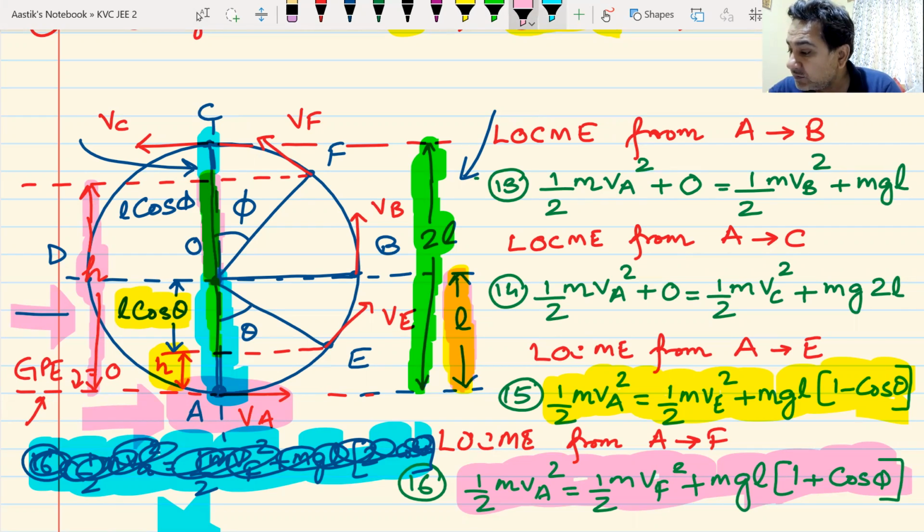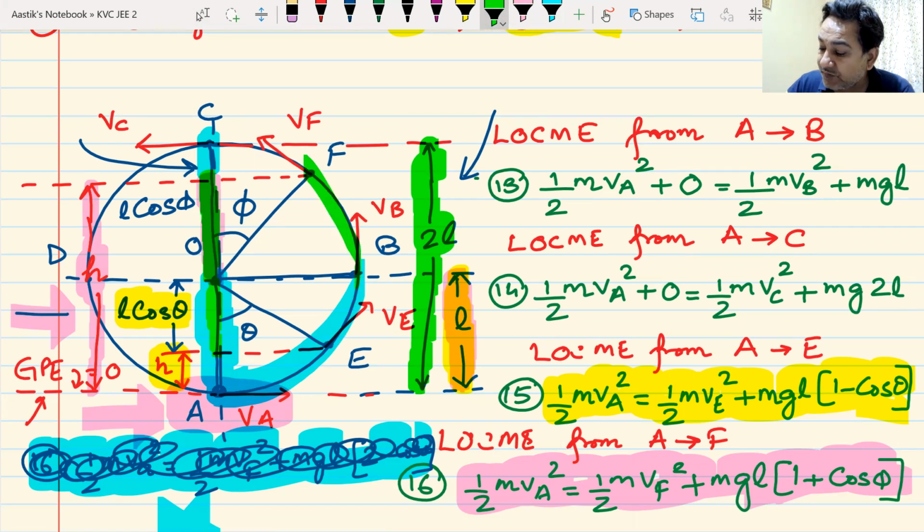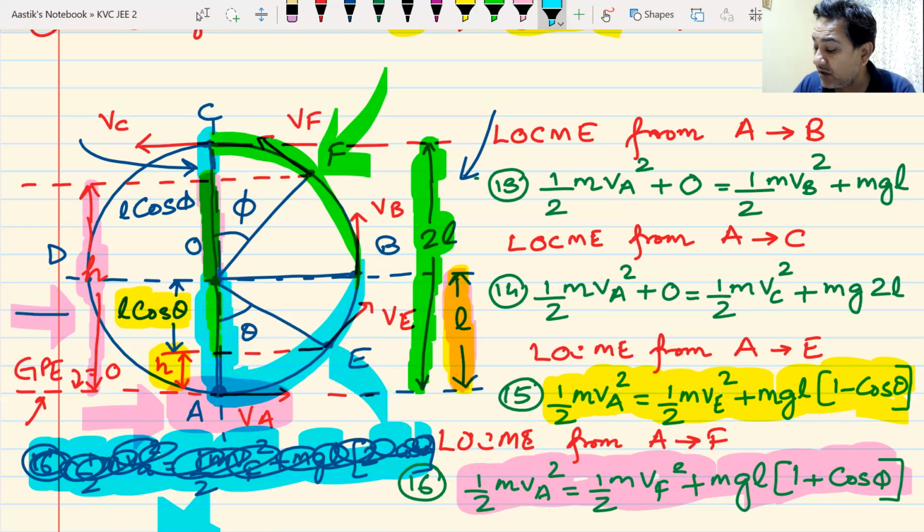We have a blue region, which extends from A to B, and a green region which extends from B to C. So there are 2 regions: the lower half, the blue one, and the upper half, the green one. Either the motion will be restricted to the lower half or it will go into the upper half.